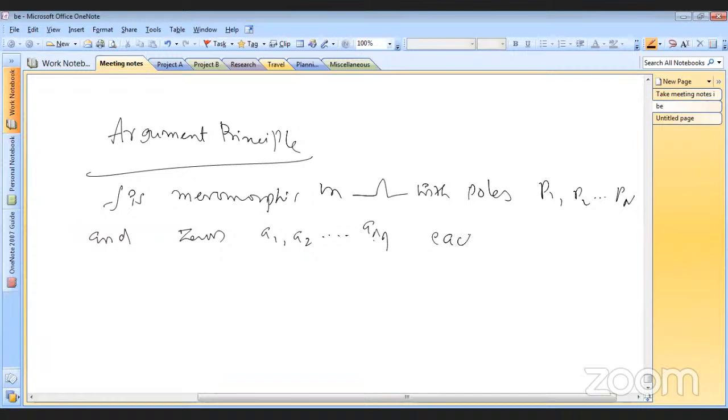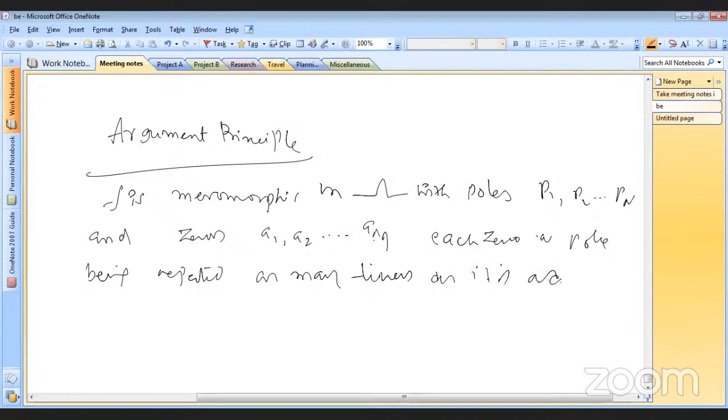Each zero or pole is repeated as many times as its order.